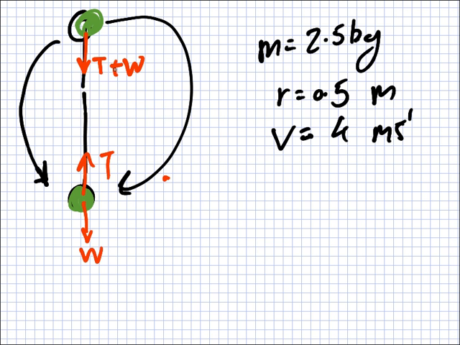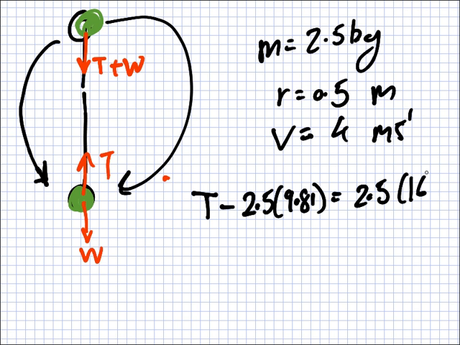So, we can look at the bottom first. Which is bigger, T or W? T is bigger. Why? Because it's moving in a circle. Yeah, centripetal force. So T minus 2.5 times 9.81 is equal to mv squared over r.